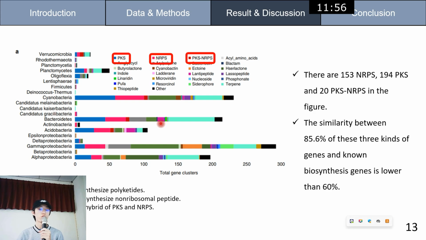And the third one is the hybrid of these two. The paper mentioned that there are about 150 NRPS, 119 PKS, and about 20 PKS-NRPS in this figure. And the similarity is 85.6 of these three kinds.